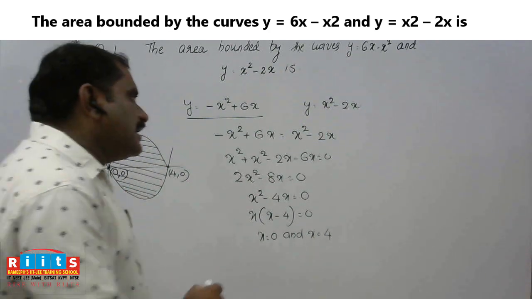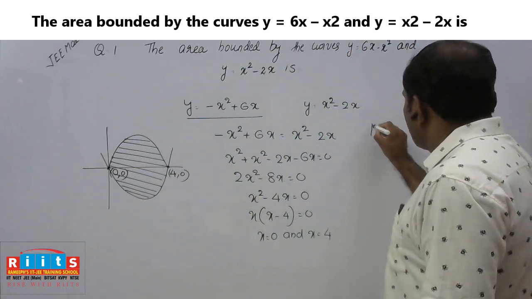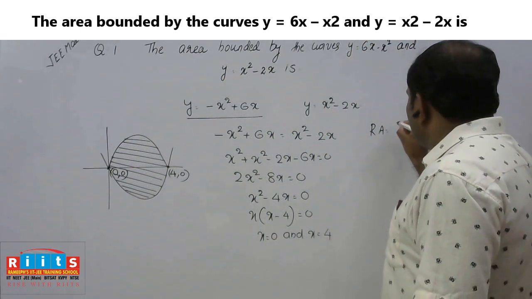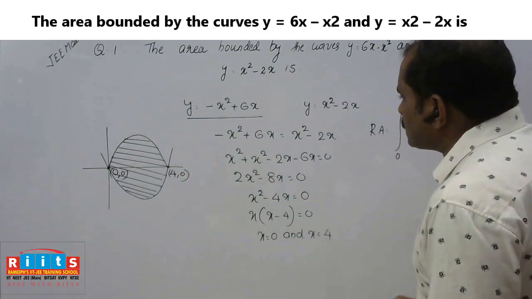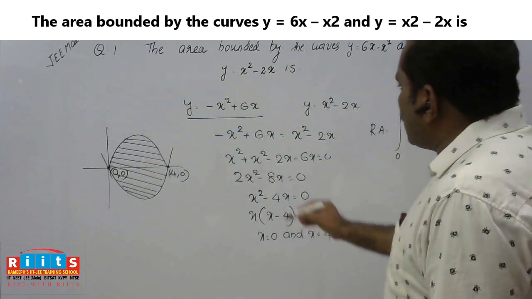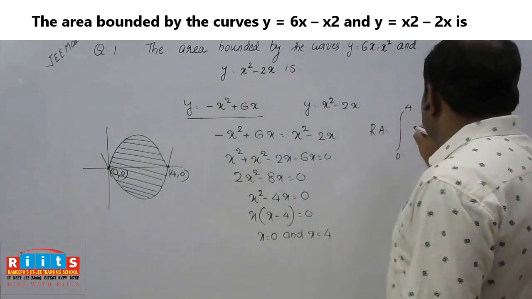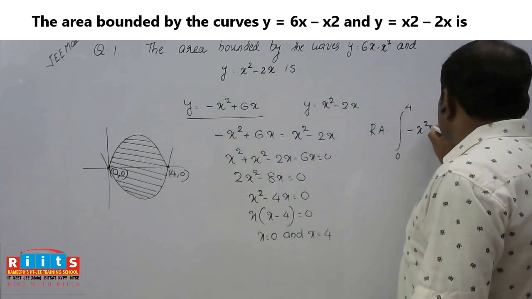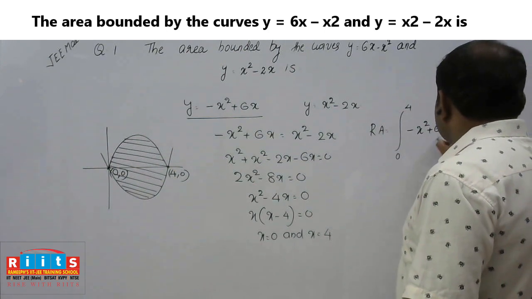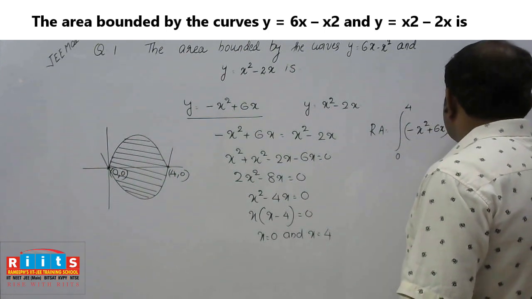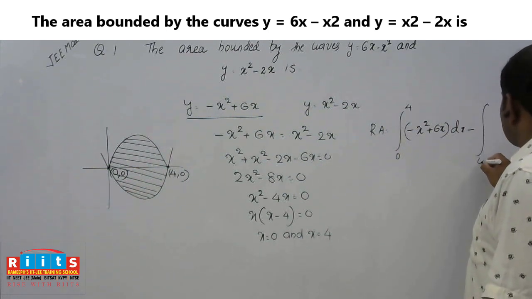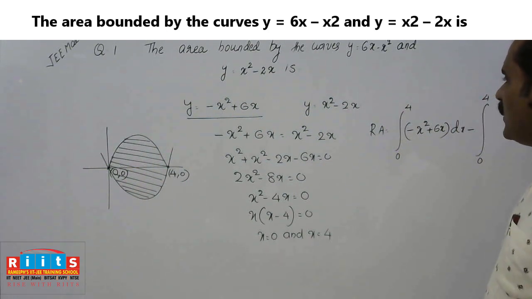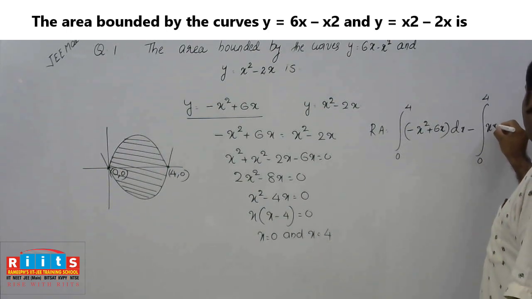So the required area is equal to, first of all, integral 0 to 4 of the first curve, minus x square plus 6x dx, minus integral 0 to 4 of the second curve, x square minus 2x dx.